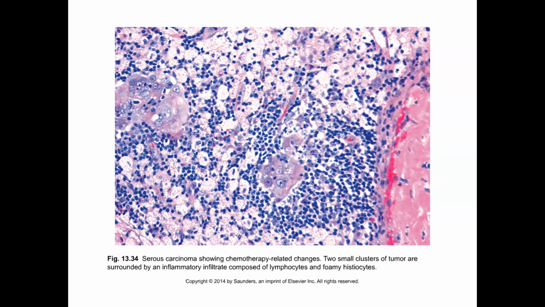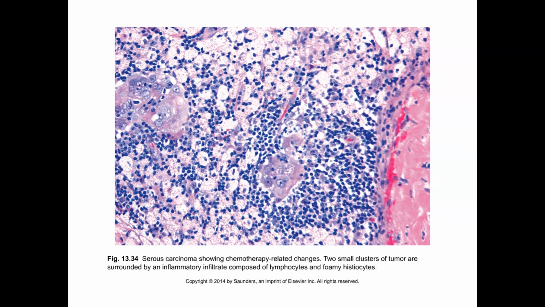Now, since these patients may not infrequently present at high stage and get neoadjuvant treatment before they come to definitive surgery, it's important to recognize that chemotherapy can impact these tumors and their morphology.